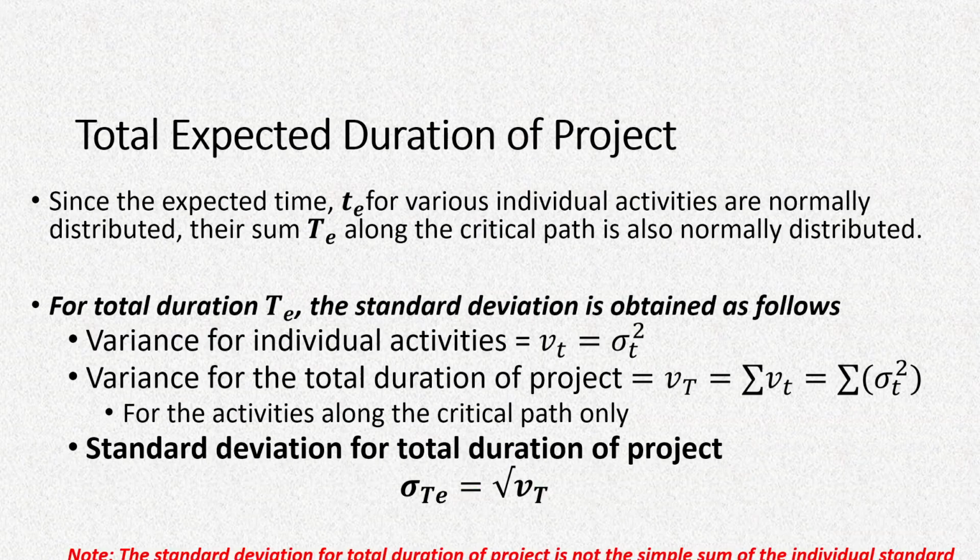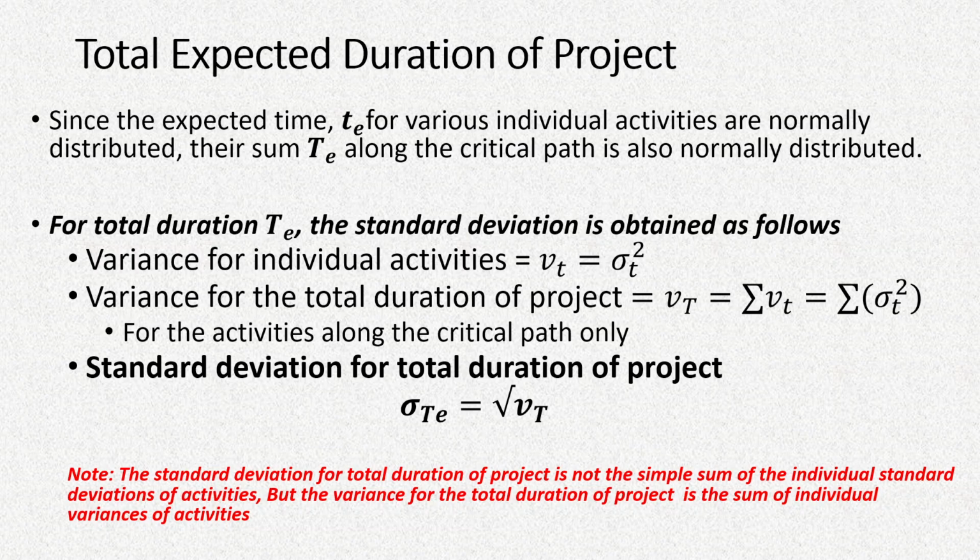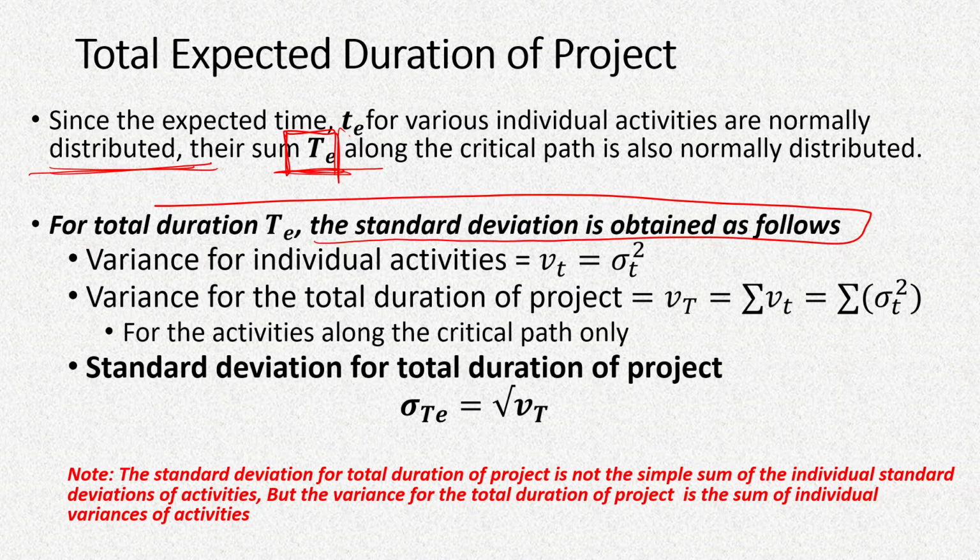After that, since the expected times for various individual activities are normally distributed, it is assumed that capital TE will also be normally distributed along the critical path. And for the total duration, the standard deviation can be obtained as in this process.